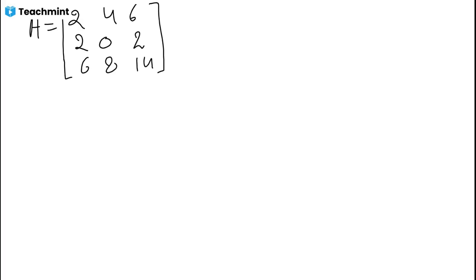Just apply the row operation. So you have 0 here, 4, and again 4, 0, 2. You got this? R1 minus R2, and R3 minus 3 times R2. So we have here 0, 0, and 8.